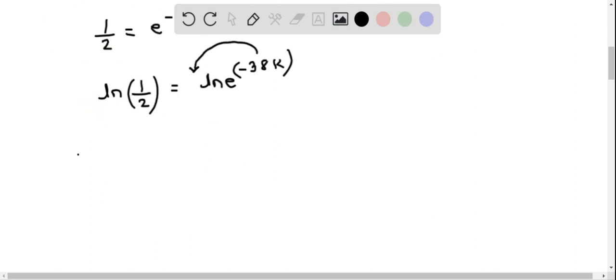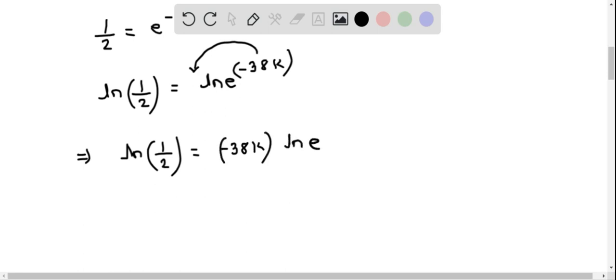So we can rewrite this equation as natural logarithm of half equals negative 38k times natural logarithm of e. Recall that the natural logarithm of e equals 1, which means I can just remove this, and we are just left with negative 38k on the right side.